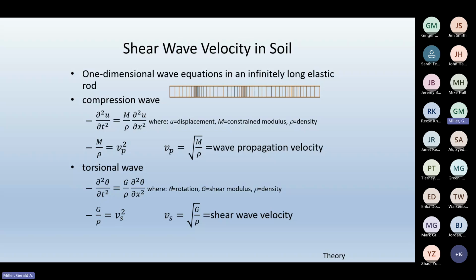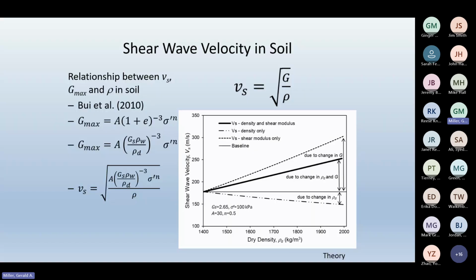The reason is the shear modulus increases with increasing density. So while density increases, it's going to cause a reduction in shear wave velocity. It simultaneously increases the shear modulus, which causes an increase in shear wave velocity. And that increase, due to the increasing shear modulus, tends to outweigh significantly the reduction in shear wave velocity due to increasing density. So I have a couple plots that illustrate that.